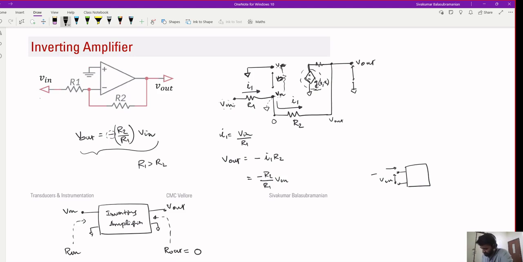So here, if you look at the circuit, V in is connected here. The other terminal is grounded. This is the voltage with respect to ground. What is the current that is flowing in?